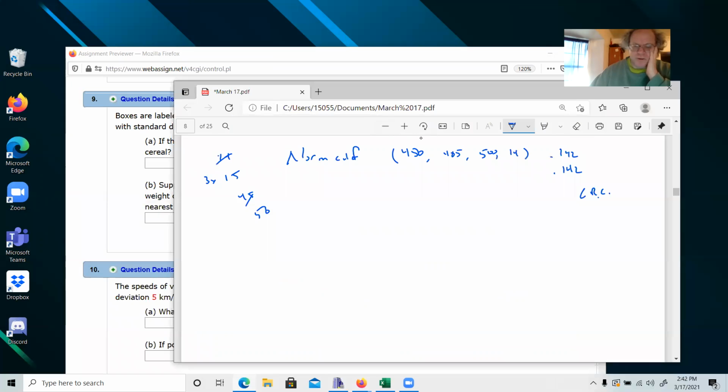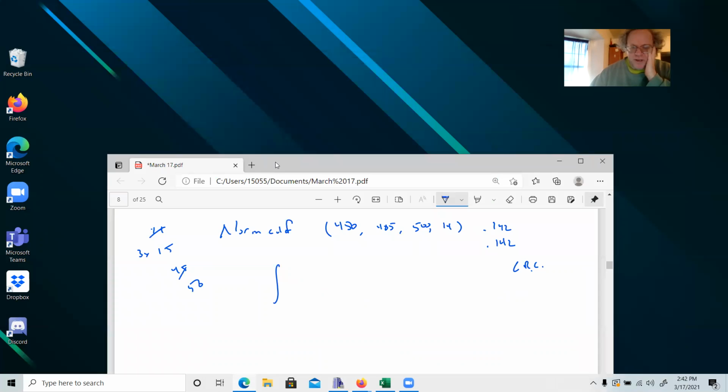So here's what we're doing. We want no more than 7%. So we want the integral from negative infinity up to a limit m, pick a number, of N of x with the mean and standard deviation here, dx, to be 0.07. That's what we're trying to figure out.